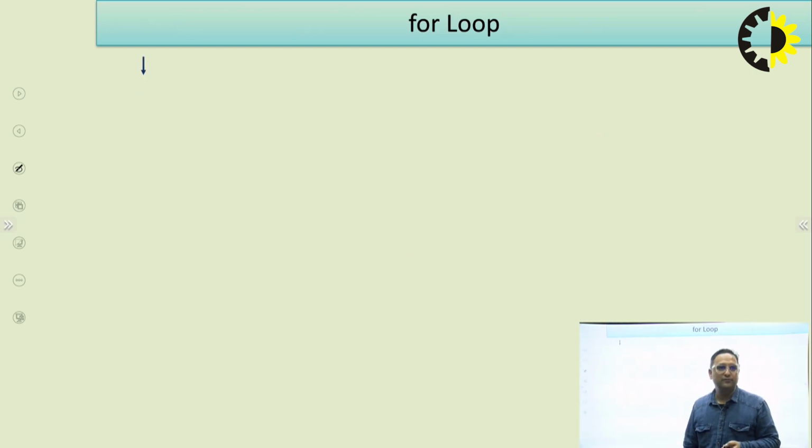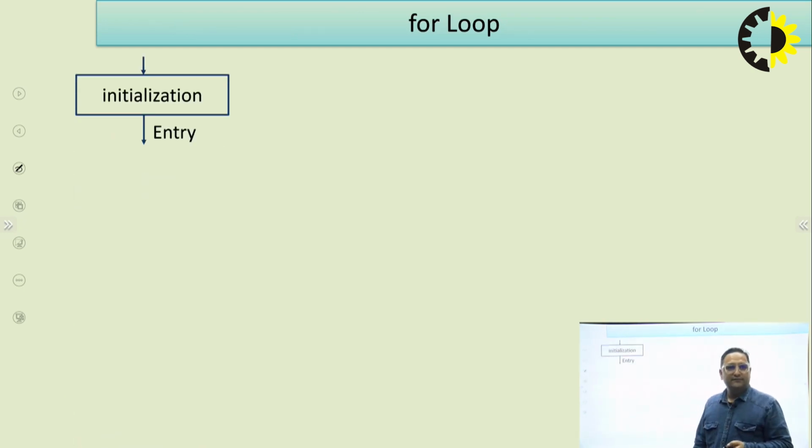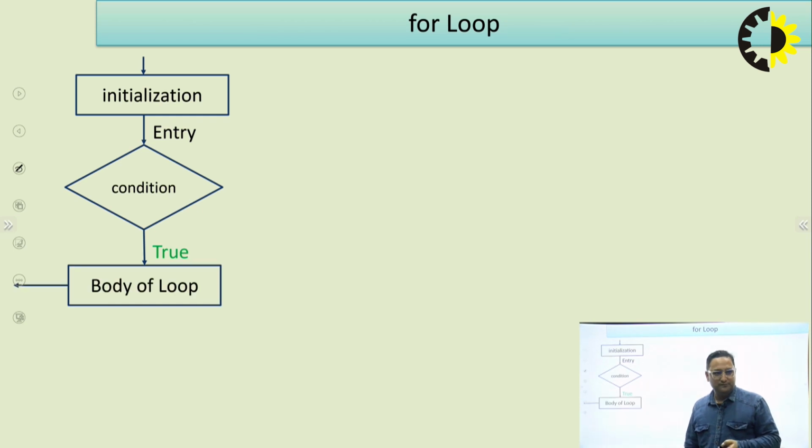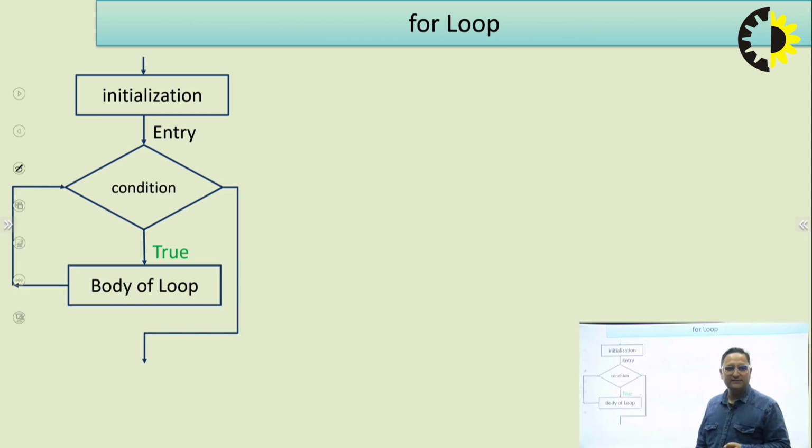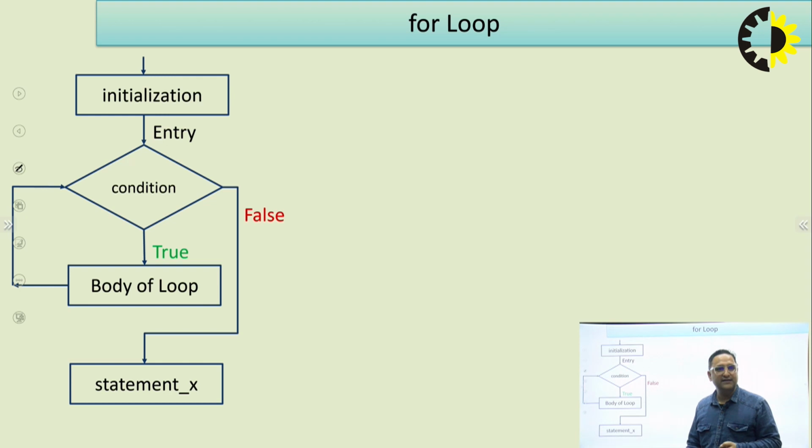Now the for loop. To make the understanding clear on the for loop, it's again the same thing. You are doing some code block to get executed in iteration. So the overall flow chart will remain the same. It's just that the way of doing it in a for loop, the statement we write, is different.